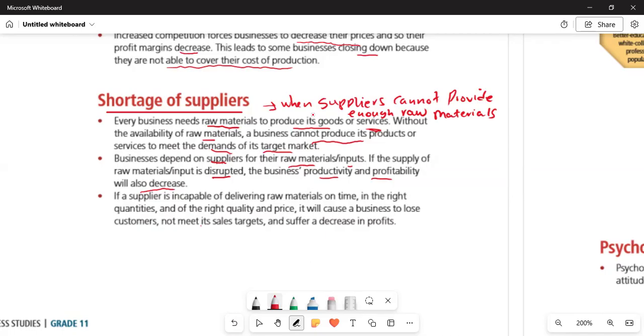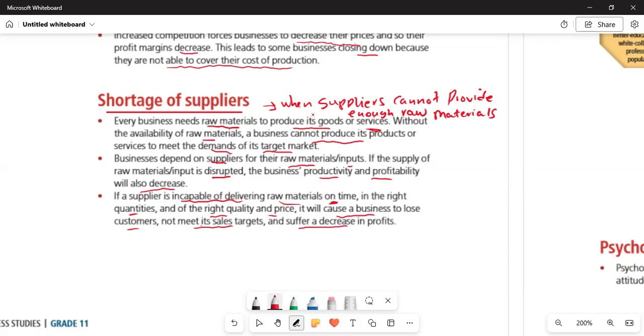Also, it further says, if a supplier is incapable of delivering raw materials on time, in the right quantities, at the right quality and price, it will cause the business to lose customers, not meet its sales target, and suffer a decrease in profits. So that is that. If our suppliers are not reliable, this is going to affect our business because they are not keeping time.